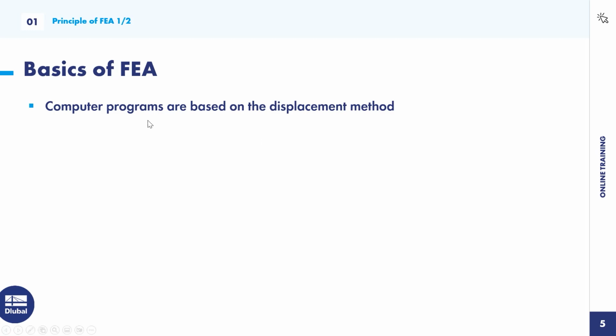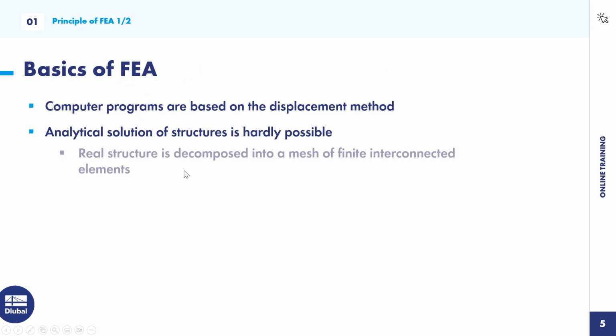In general, the finite element analysis is used when an analytical solution of the structure is hardly possible. That means we can't just create a function for, let's say, an 8-story building, which gives us the exact solution for every force we have there. Instead, we will take the help of the finite elements. That's what we do with the finite element analysis.